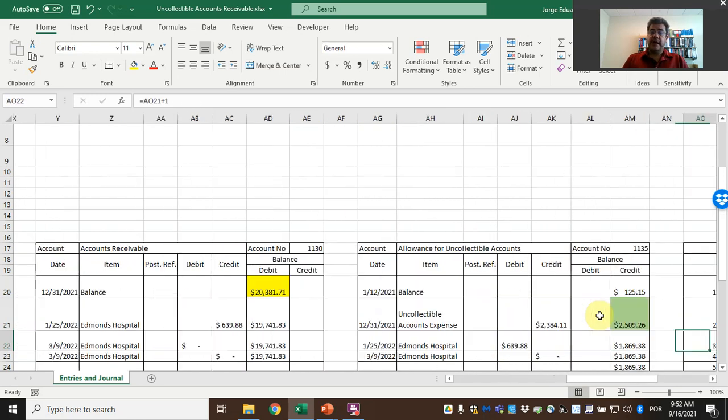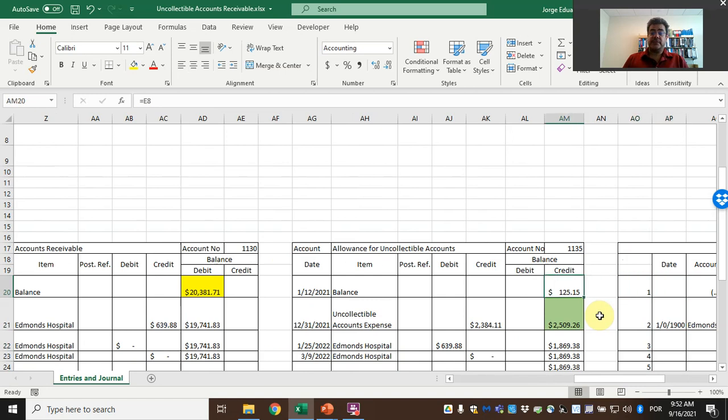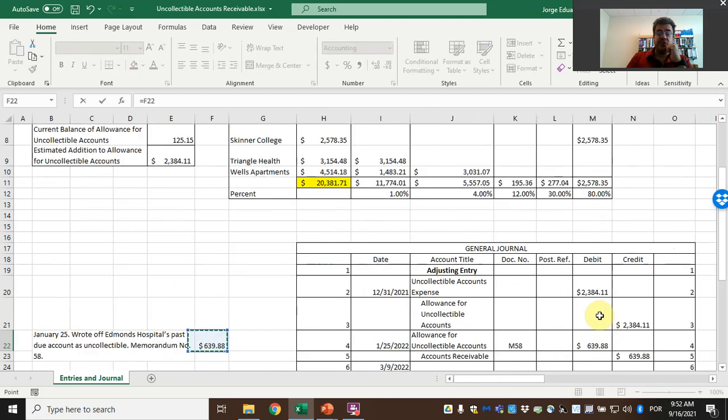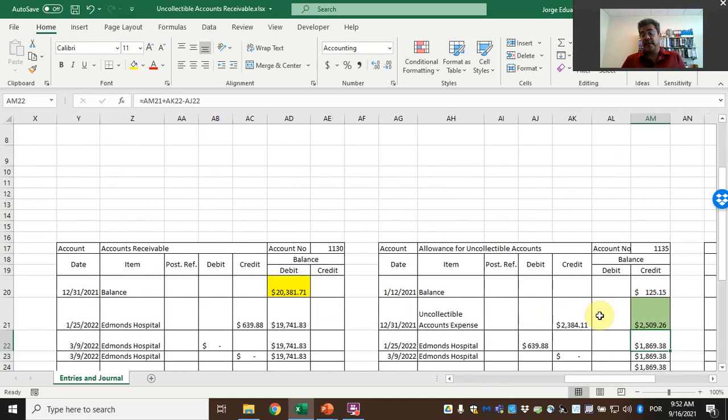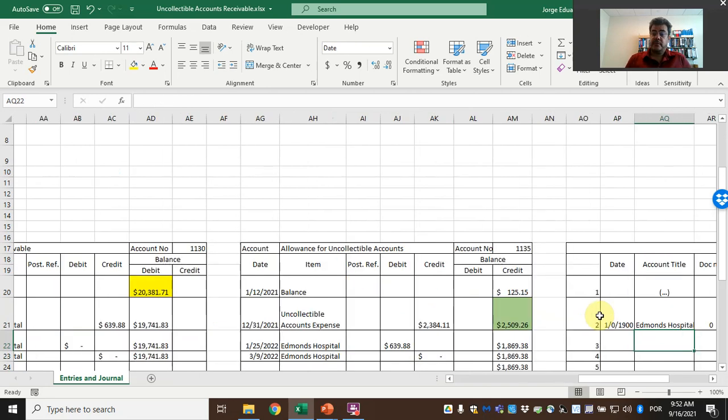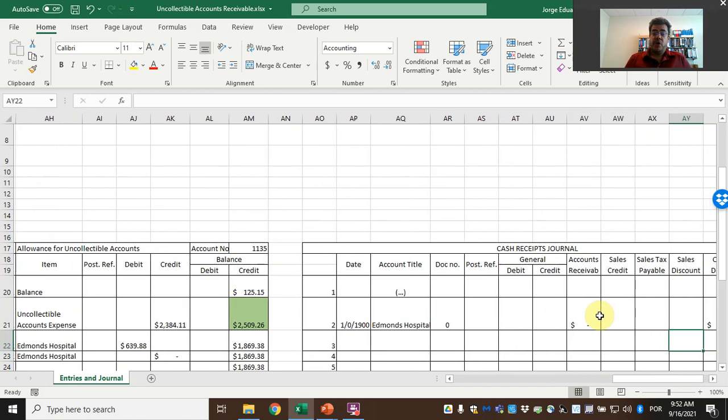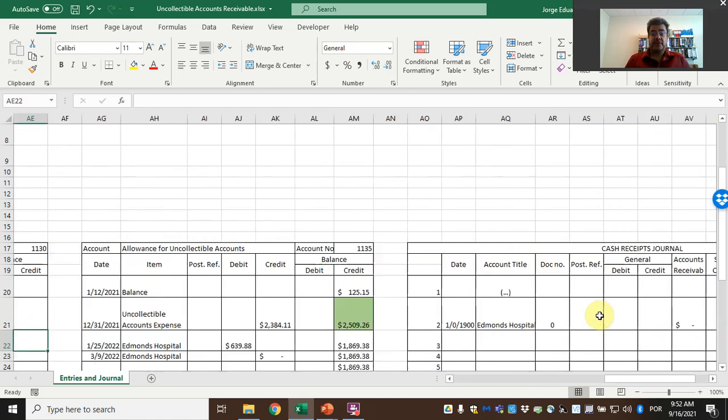And allowance, we are also debiting Edmonds Hospital $639 because we are reducing our allowance here. So now the ending balance of our allowance is $1,869. On cash, nothing happens so far.